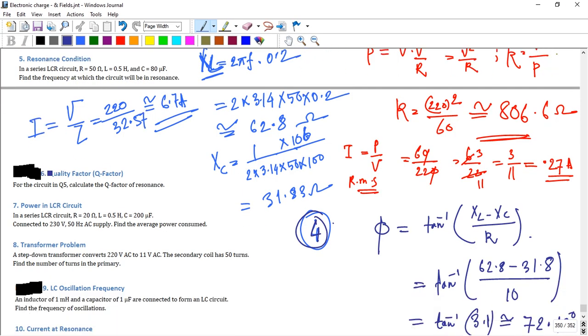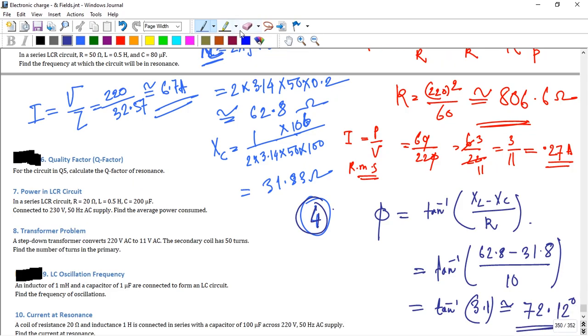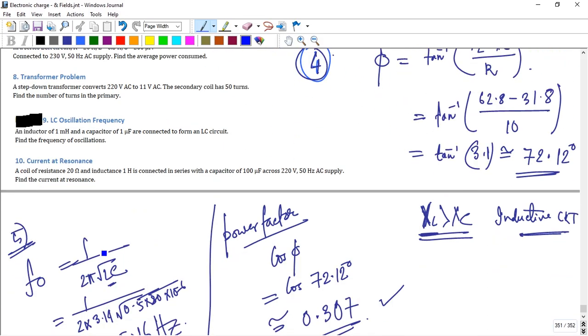Now question number 6, a very easy question. For the circuit of question number 5, calculate the Q factor at resonance. Q means quality factor. Use the formula Q equals omega naught L by R, where omega naught is 2 pi F naught.